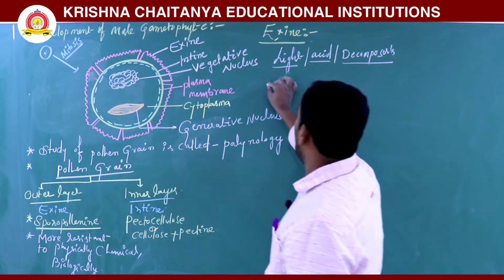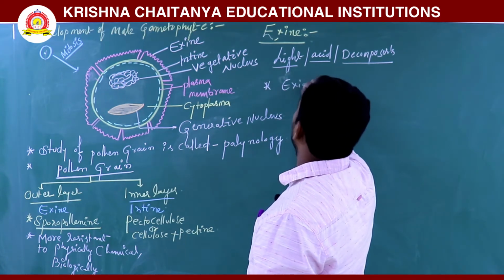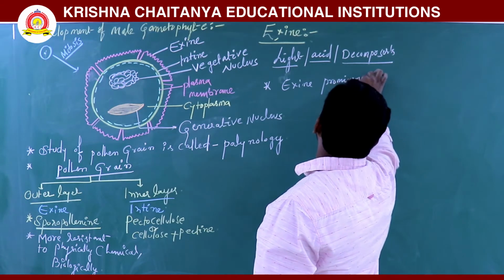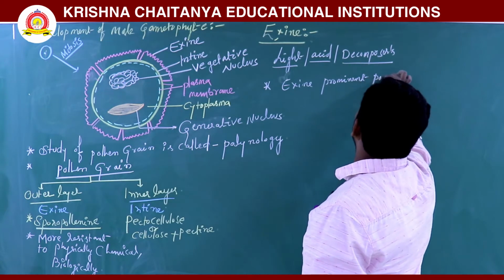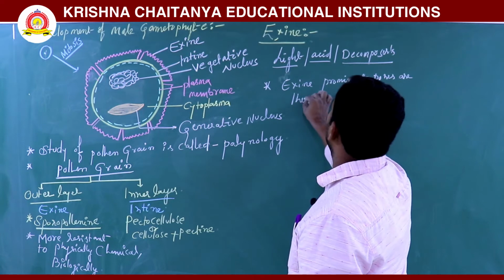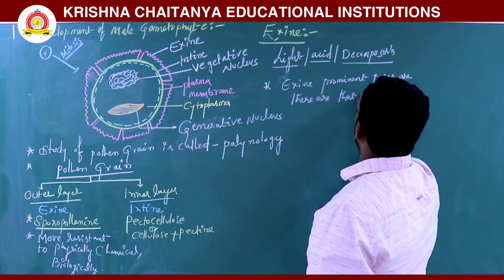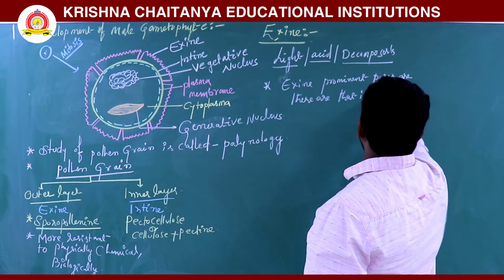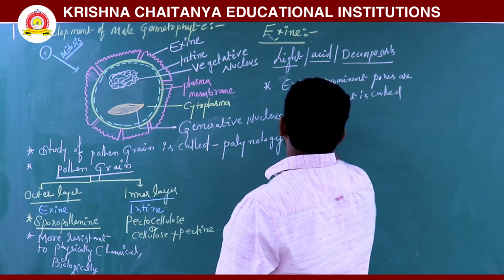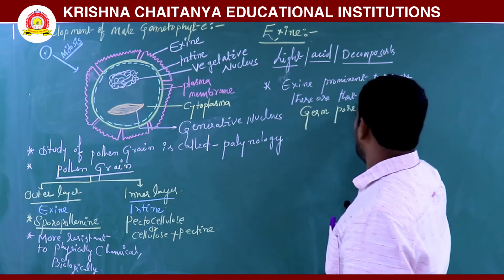The exine contains prominent pores. That is called a germ pore.